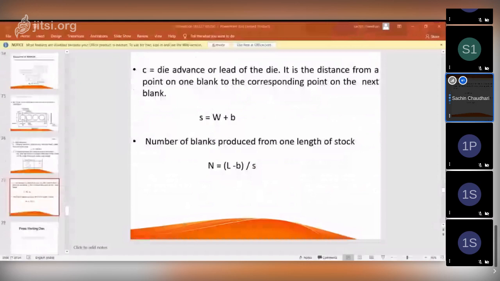So this is the formula where you can predict the scrap remaining at the end of one length: y equals L minus (n times s plus b). This much scrap will remain at the end of the length of strip. So this is all about the economy of your material, where the proper layout is important.